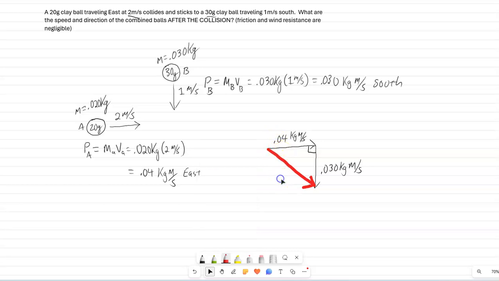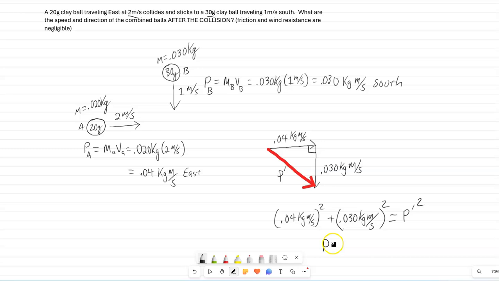All right, so let's see here. We can use Pythagorean theorem. We know the two legs. So let me make that 0.04 squared plus 0.030 squared should equal, I'll call that P prime, the combined momentum squared.